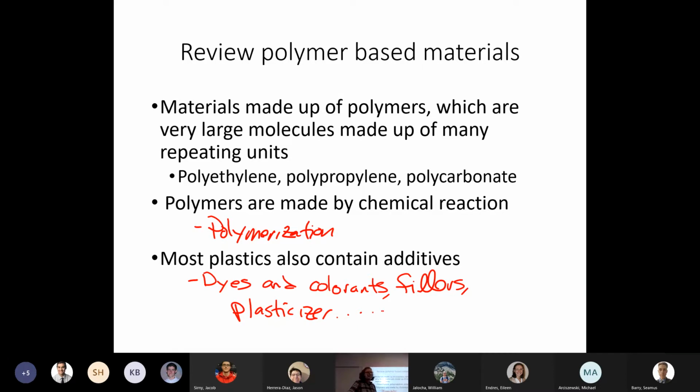We might have talked about a plasticizer in 321 that lowers the glass transition temperature, so the material can be more flexible. An example of that is rigid PVC pipe versus vinyl. We also may add anti-static, anti-flame, anti-smoke, and a few other things could go in there as well.